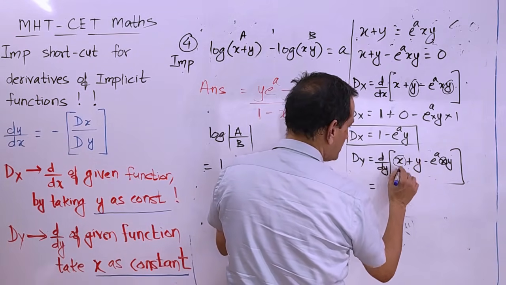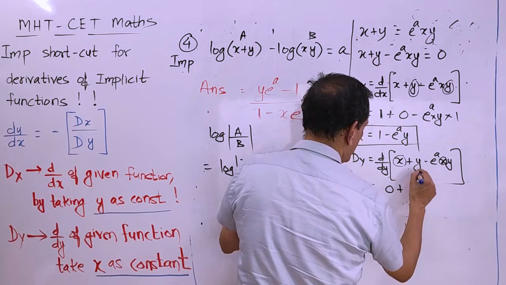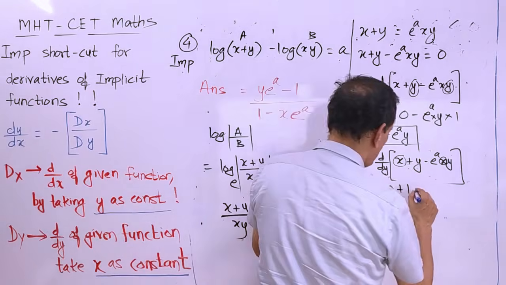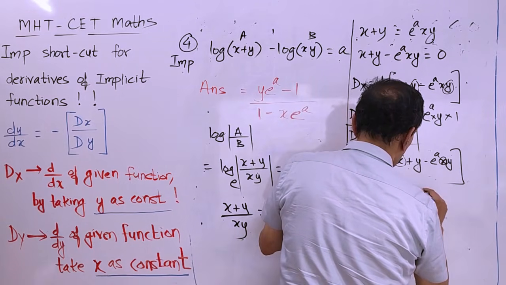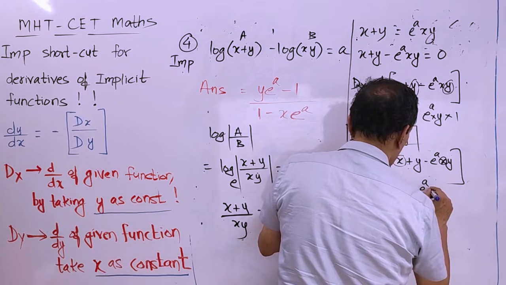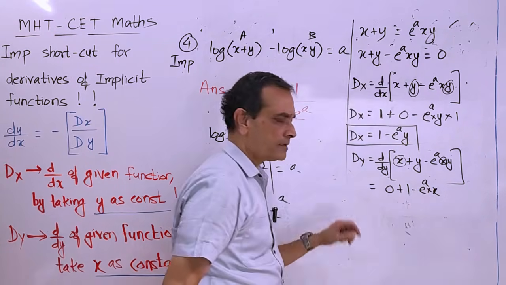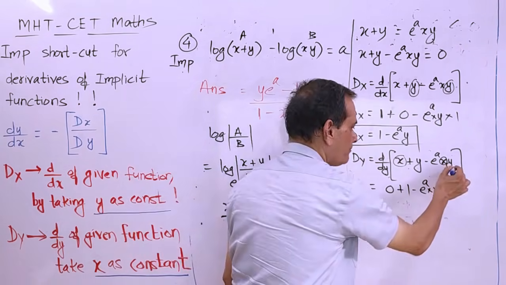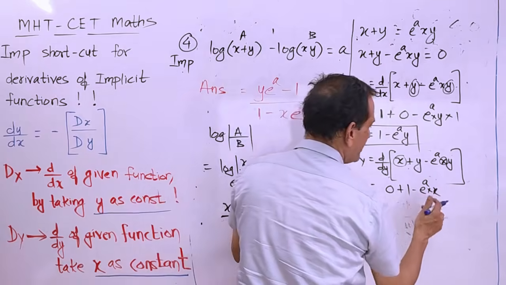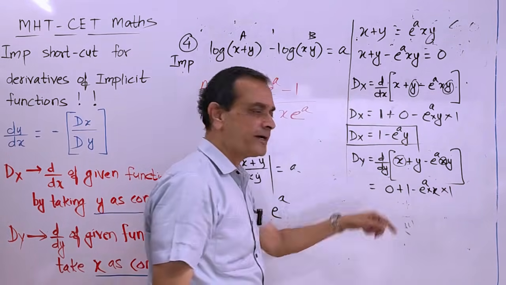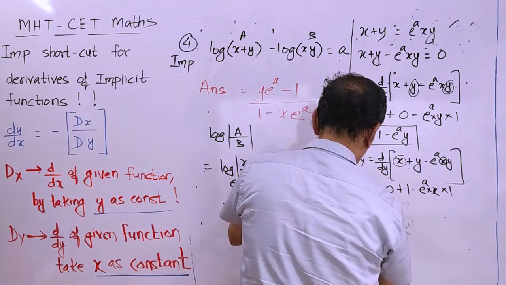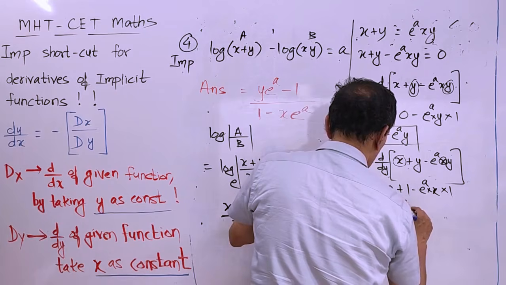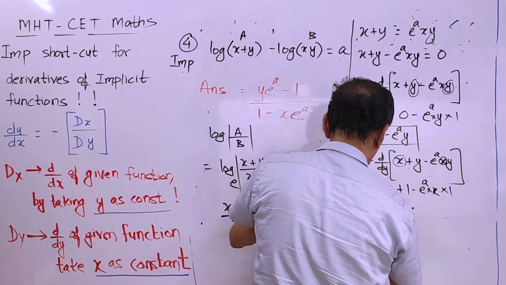Derivative of any constant is 0. Derivative of y is 1, derivative of y with respect to y. Here e raised to a is a constant, x is a constant. Keep it aside because you have a variable over here. So after keeping this aside, derivative of y is 1 with respect to y. So you get 1 minus e raised to a into x.